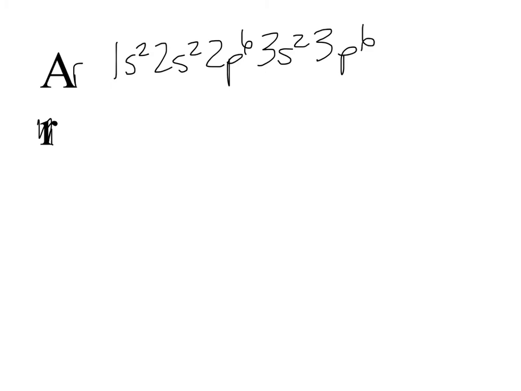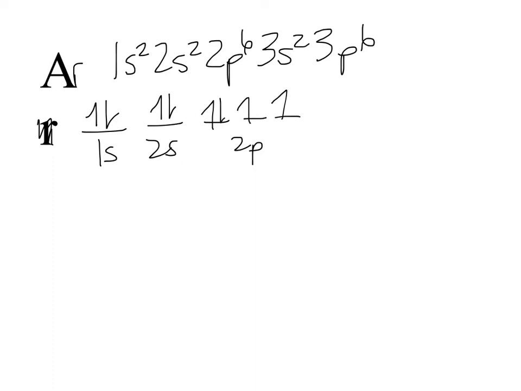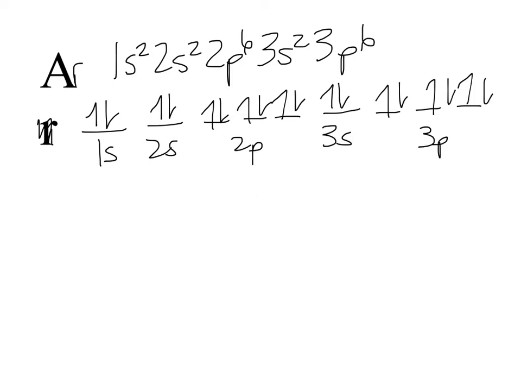So if I do the orbital filling diagram, it looks as so. There's my 1s2, 2s2, 3 lines for the 2p. I go 1, 2, 3, 4, 5, 6, 3s2, and then my 3 lines for my 3p, and they are going to be filled as well.